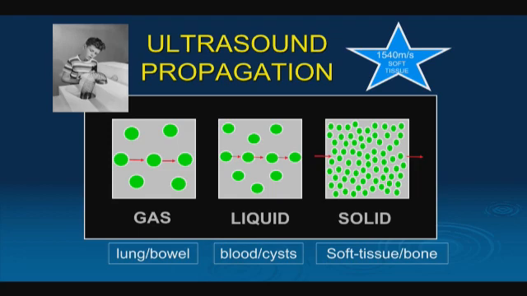It also impacts whether you actually can get the sound wave to transmit to the organ of interest, depending upon whether it's air-filled. So as I mentioned, when we excite the transducer and the sound wave interacts with the body tissues and organs, it then interacts with the molecules that make up that particular structure. In air-filled structures, in this diagram, you can see that the little molecules are widely dispersed.